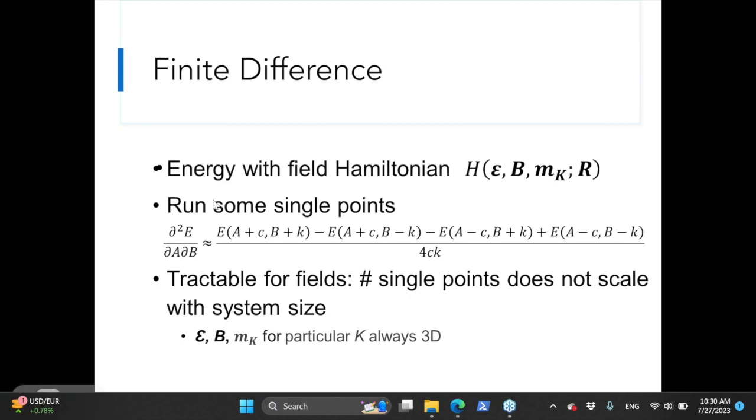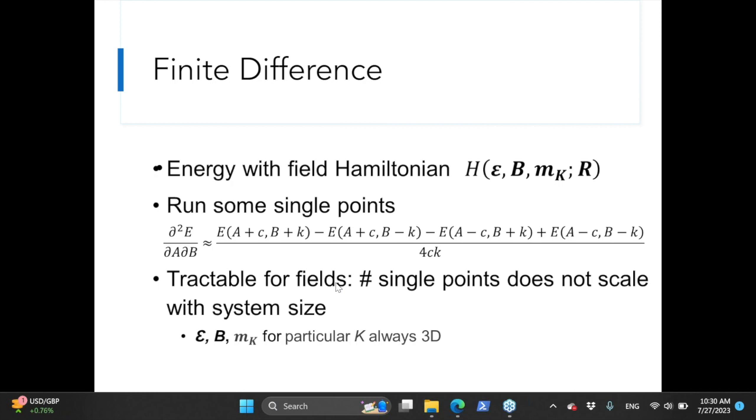So what we basically do is run some single points, where, for a single term in your second order property, we need 4 single point calculations for one tensor element. This is up to second order in the finite difference.